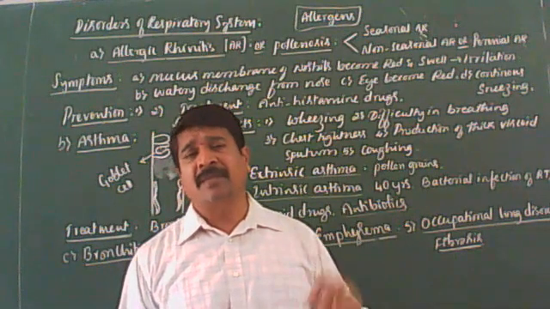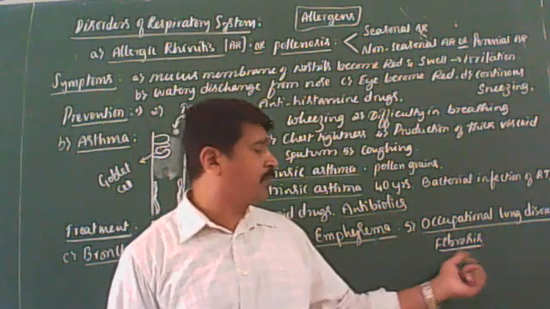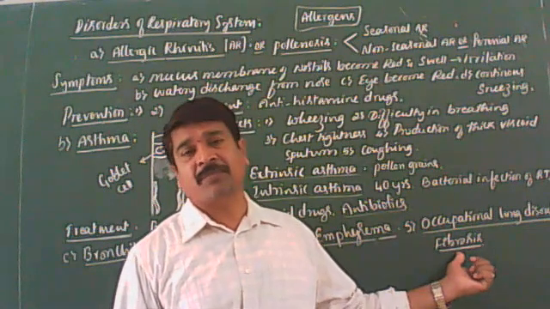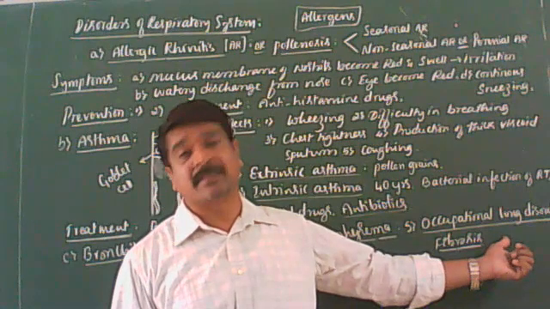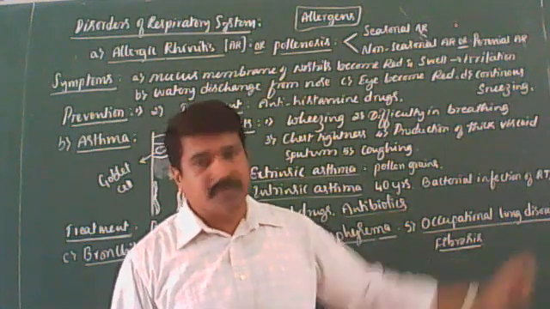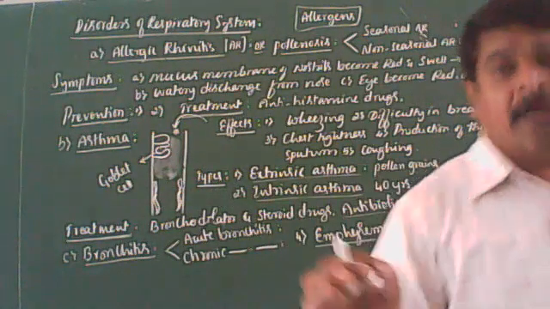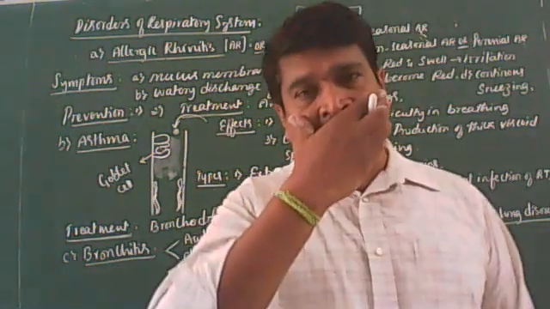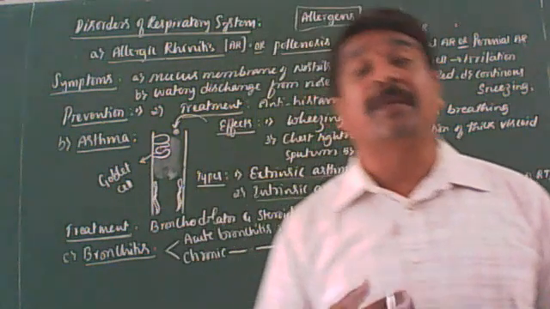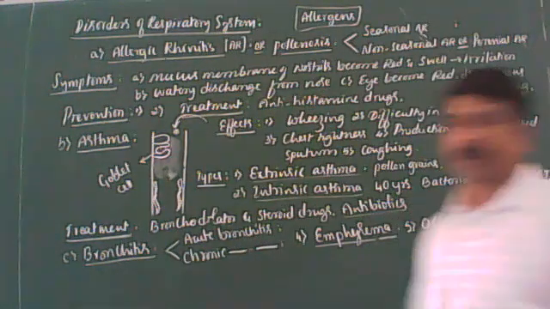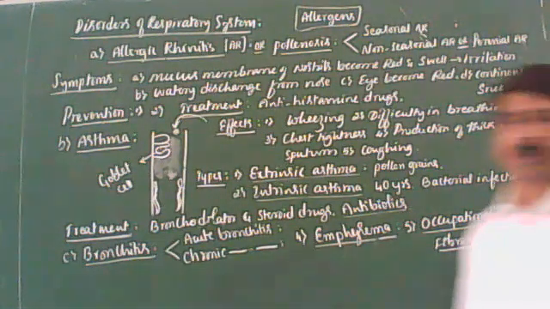Then it causes inflammation of the lungs, which leads to fibrosis, proliferation of the fibrous tissues. Then it causes serious damage to the lungs. That is why persons working in these industries should compulsorily use protective clothes and masks in order to prevent the entry of particulate fine dust into their respiratory tract. Clear? These are the preventive measures for occupational lung disorders.